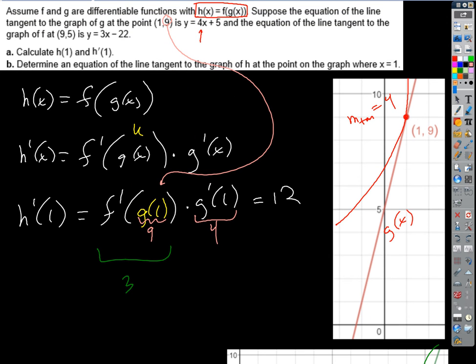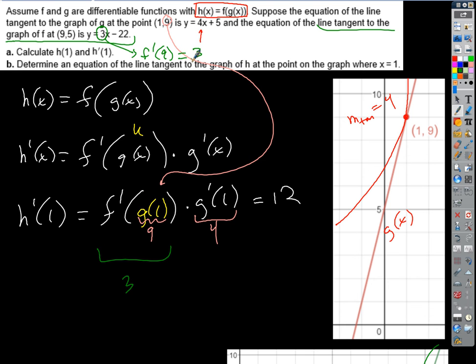This is the tangent to the graph of f. So if this is the green stuff, right? The line tangent to the graph of f at the point 9, 5 is this line. Well, we don't really care about the y-intercept of that line. All we really care about is that slope. That's telling us the slope of the graph at 9, right? So this is telling us right here that f prime of 9 equals 3.